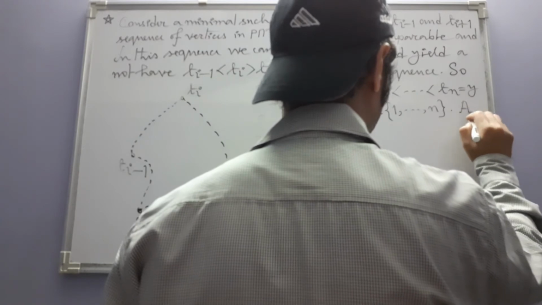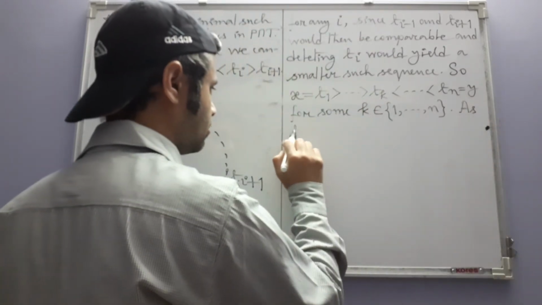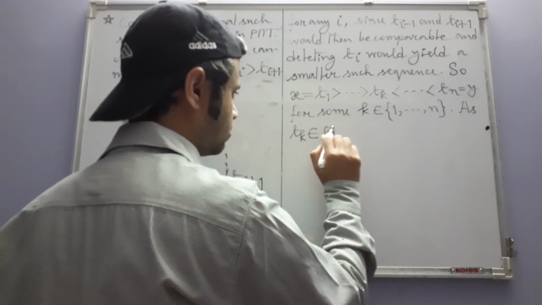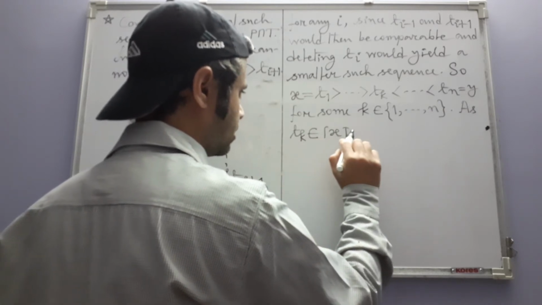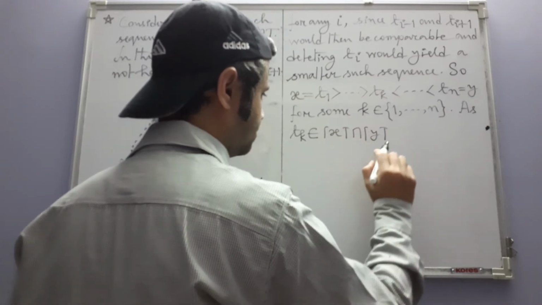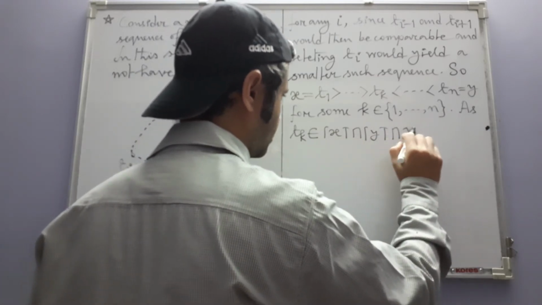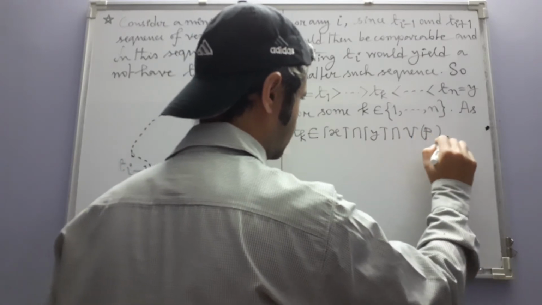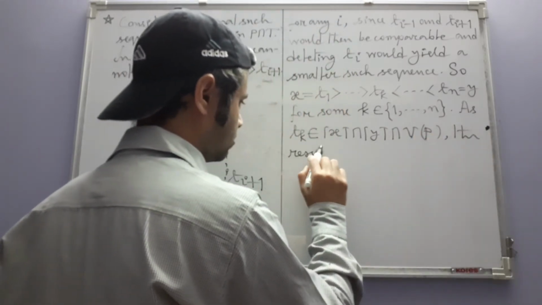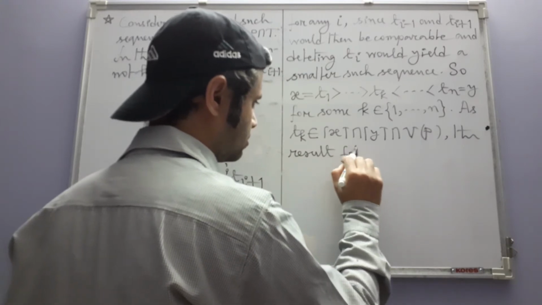As Tk then belongs to the down closure of x, the down closure of y, and the vertex set of P, of course, the result follows.